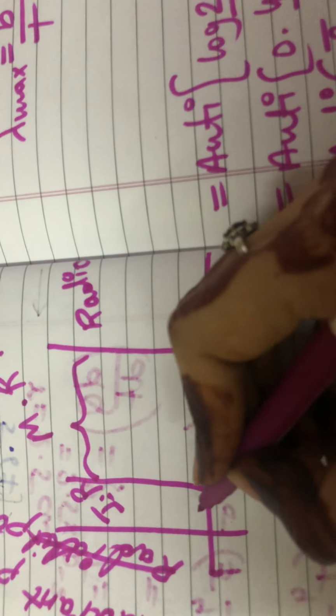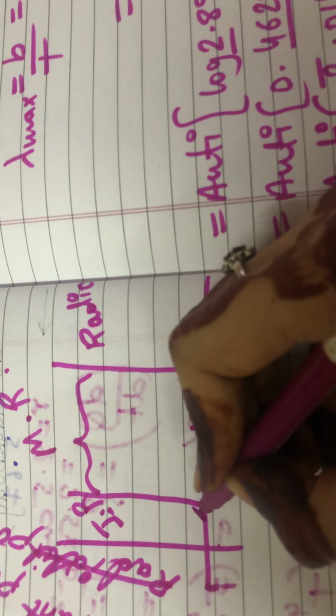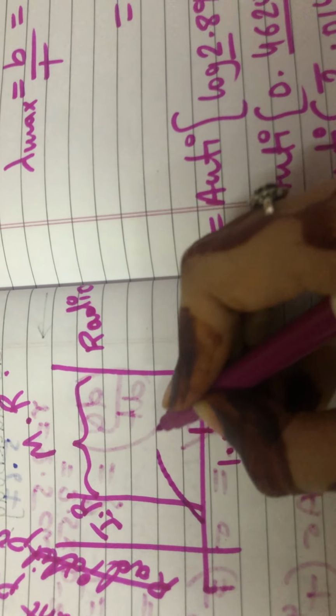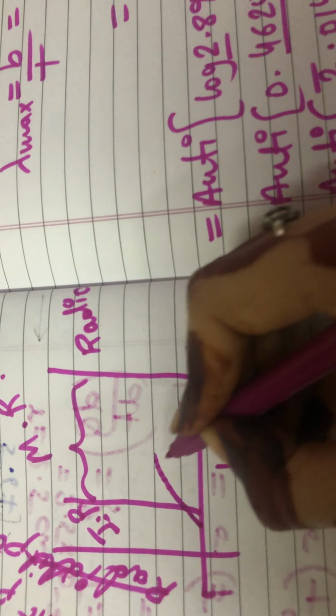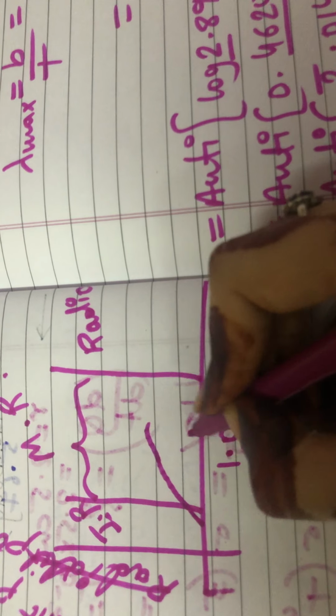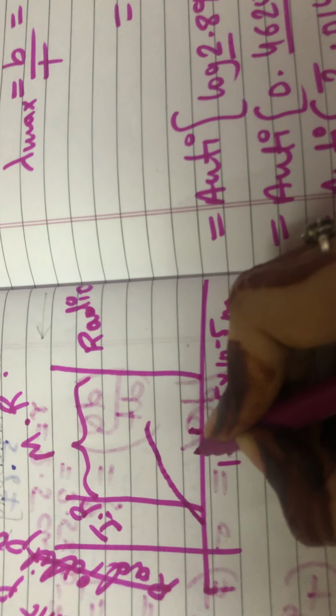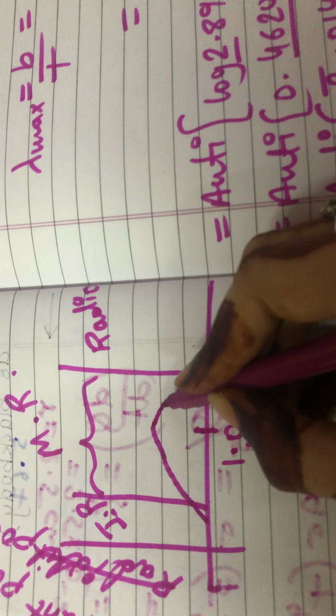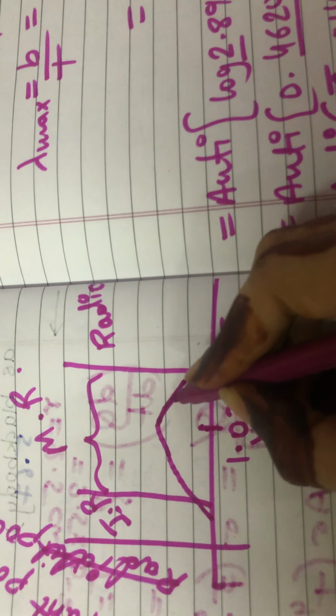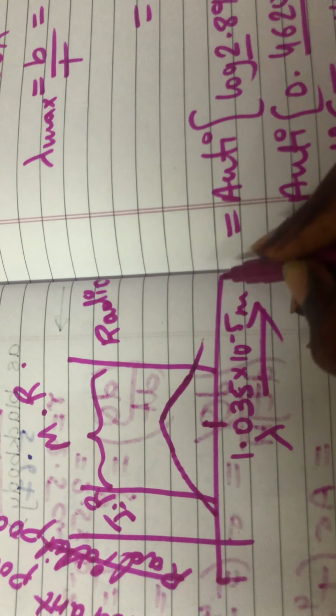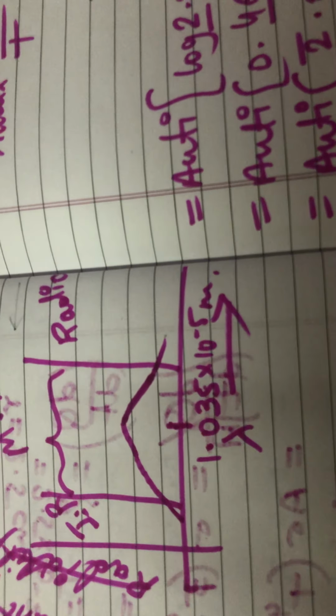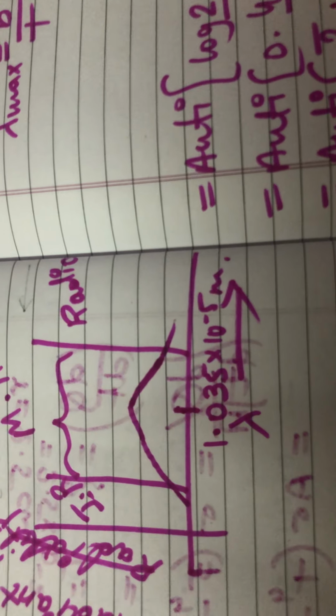Of course the graph will start from behind, but it will be minimum over there. The graph will be maximum over here, and the peak will be obtained at this value. Then slightly it will reduce and go to the radio region. So this is how the graph looks.